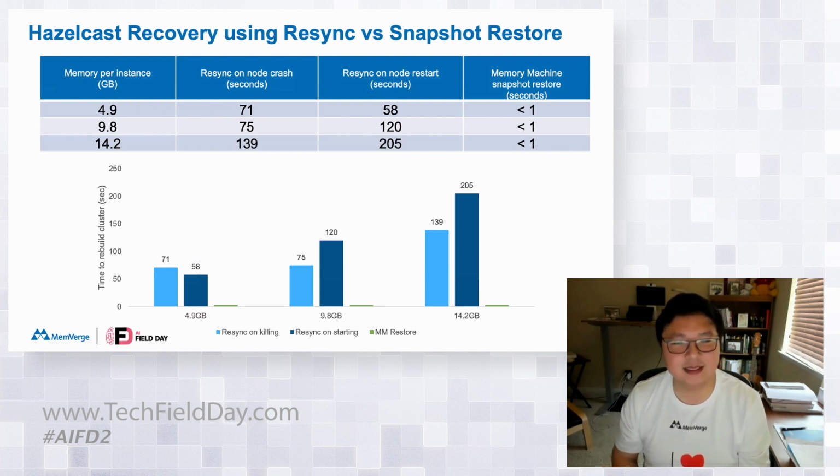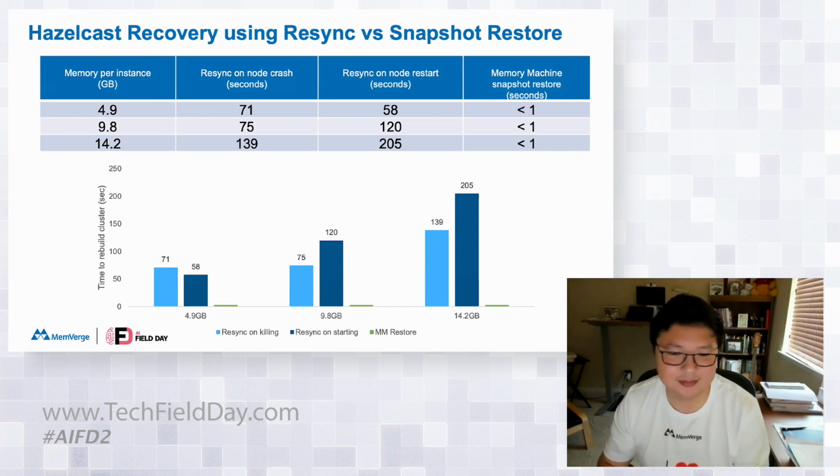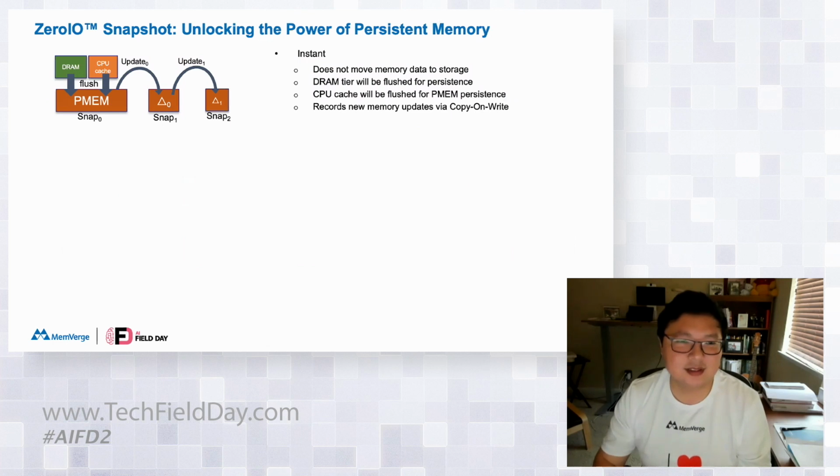This is because with a snapshot in memory, we avoid the resyncing and the copying of data between the memories. So that's some major, interesting use cases of this particular snapshot feature.